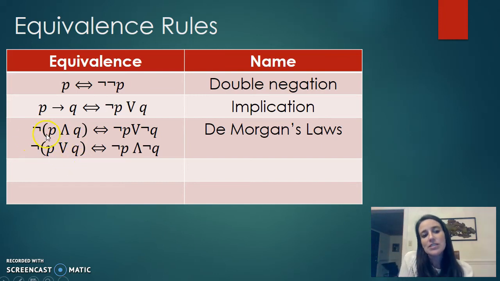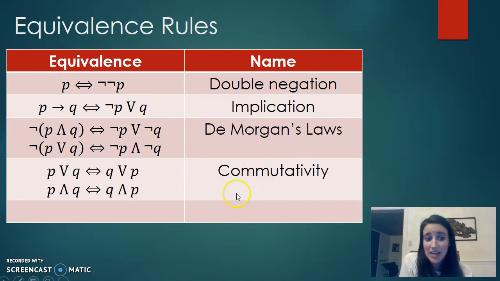So first, if you see not parentheses P and Q, that is logically equivalent to not P or not Q. So when you distribute that negative, it changes the and symbol to an or symbol. And similarly, not parentheses P or Q is logically equivalent to not P and not Q.